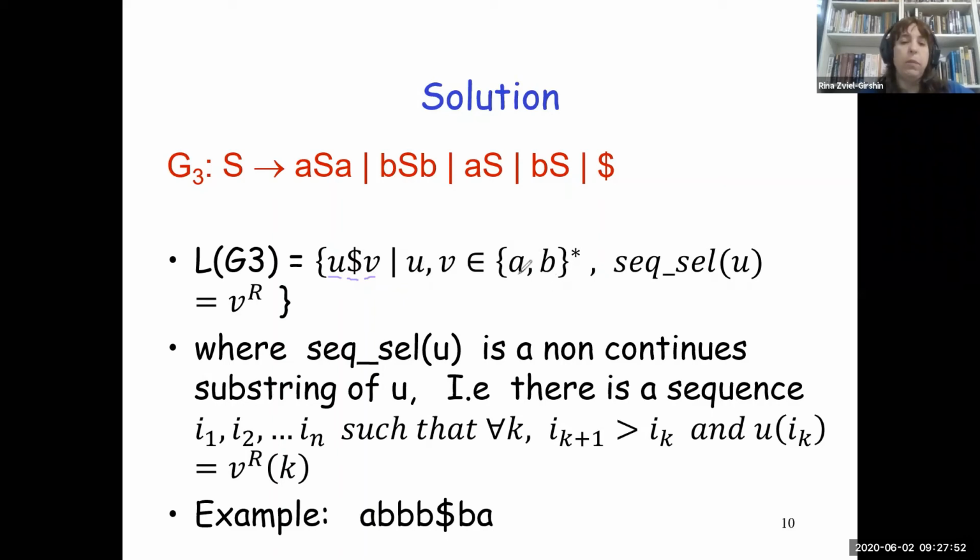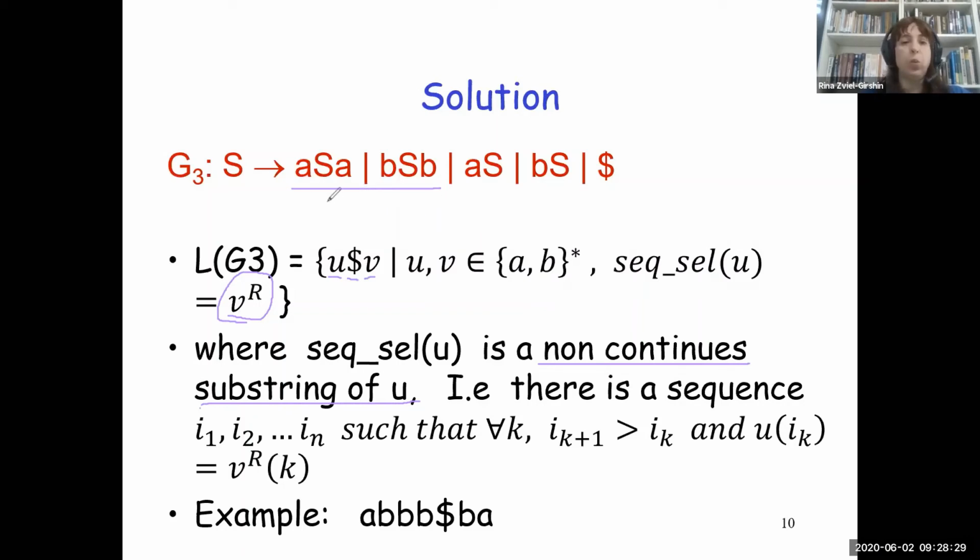But now I'm making the following claim: if I have a non-continuous substring of U, this non-continuous substring of U in reverse order, I will see in V. The V is actually some substring that I saw in the prefix in reversed order. And why can I make this claim?